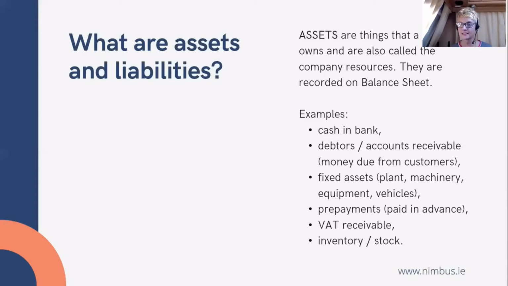Secondly, fixed assets. I'm sure you have heard the term. Fixed assets have physical form, and they have a useful life longer than 1 year. So this will be plant, machinery, equipment, vehicles, and so on. There are some more, for instance, computer equipment. The next example is prepayments.